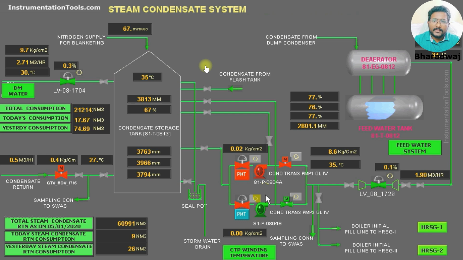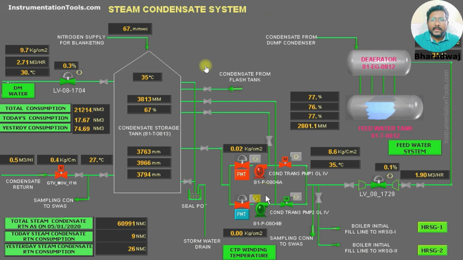Similarly, the PLC uses 4 to 20 milliamp signals for controlling the final control elements like control valves, variable frequency drives, motor operated valves, etc.